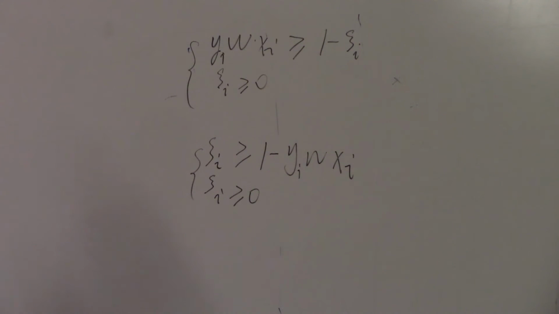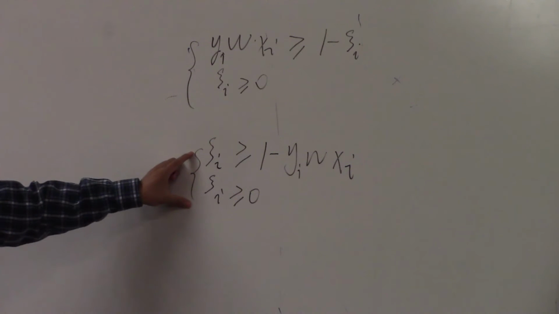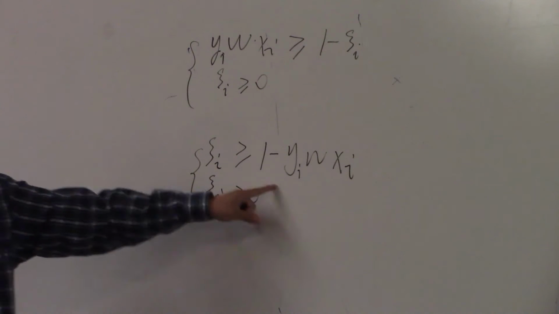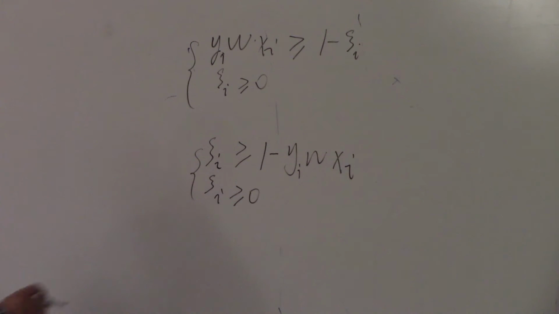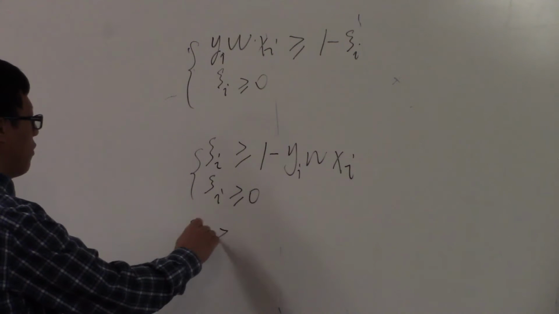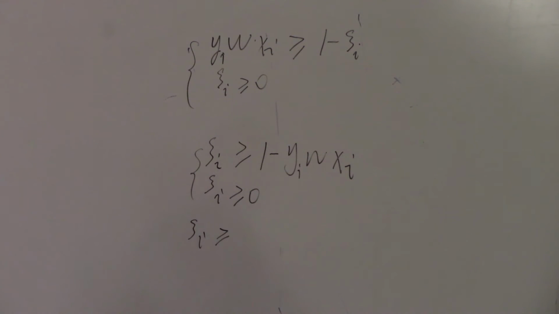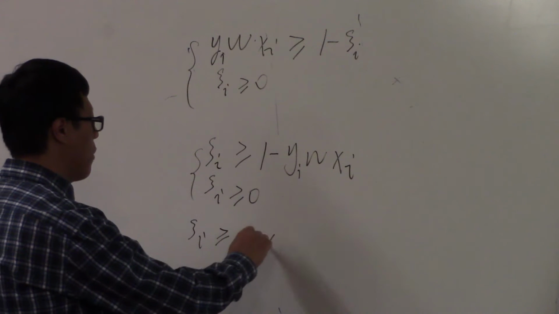The next step is by observing the fact that the c_i is bigger than these two things, right? Bigger than this one and bigger than this one. So if c_i is bigger than both of them, it has to be bigger than the max between these two.